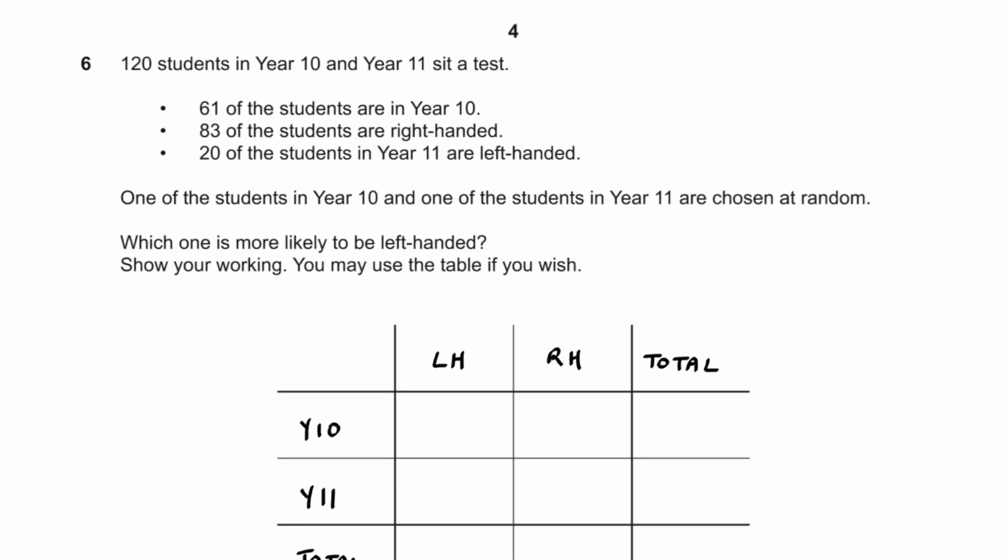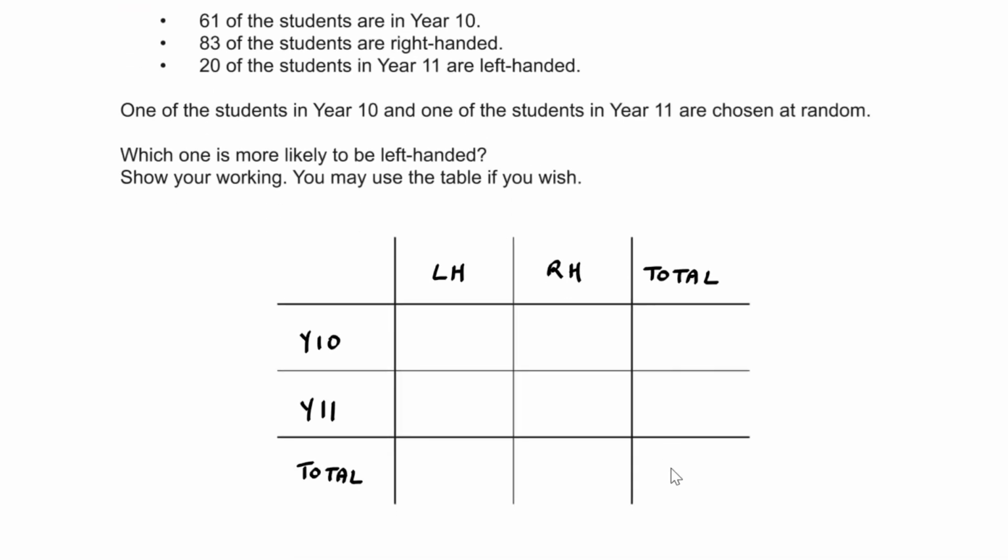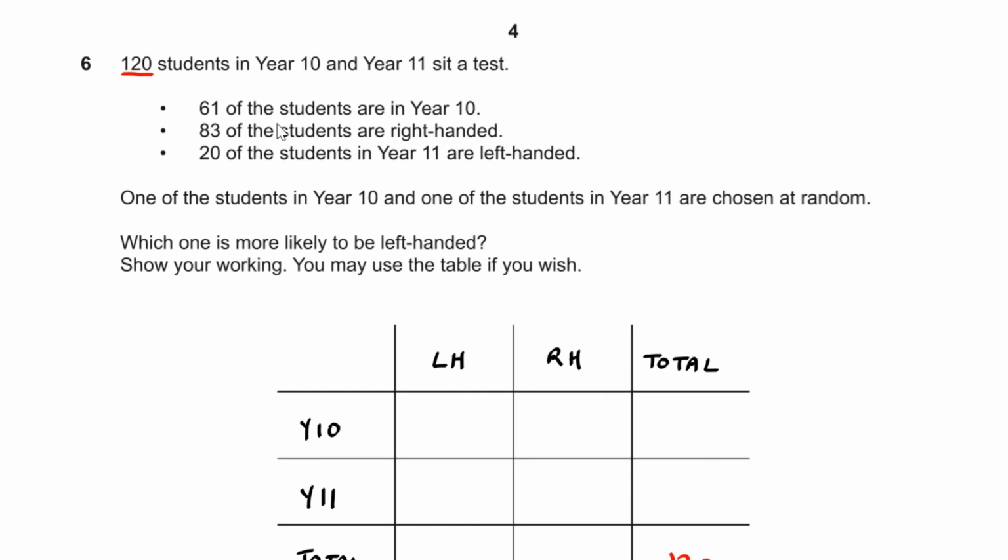The reason for this is because there's 120 students in total. Now, 61 of the students are in Year 10, so a total of 61 students in Year 10. So that means we've got 61 here. 83 of the students are right-handed, so we've got 83 in total who are right-handed.